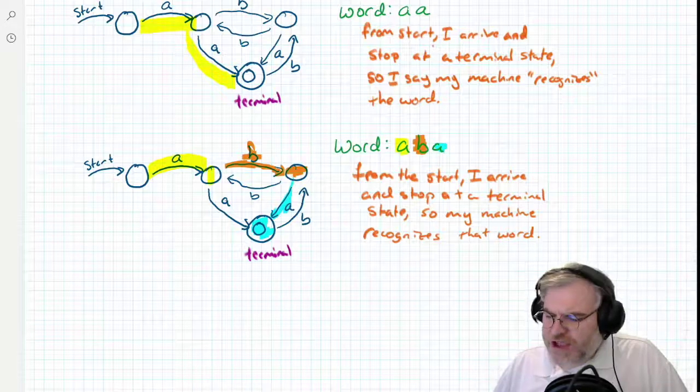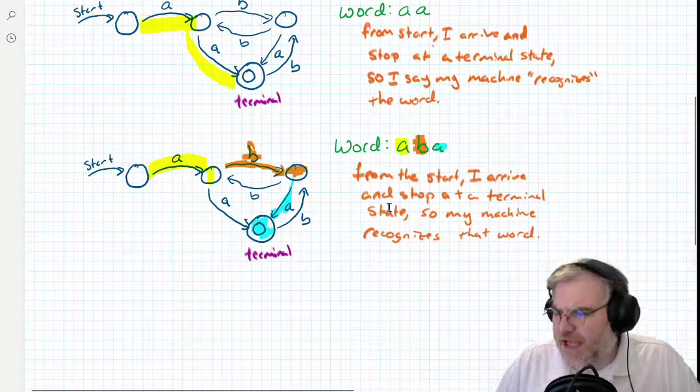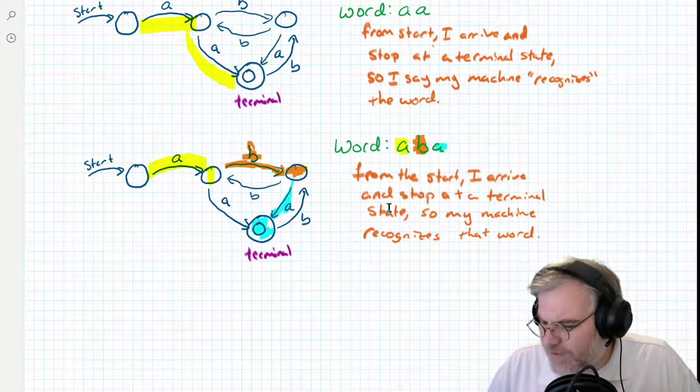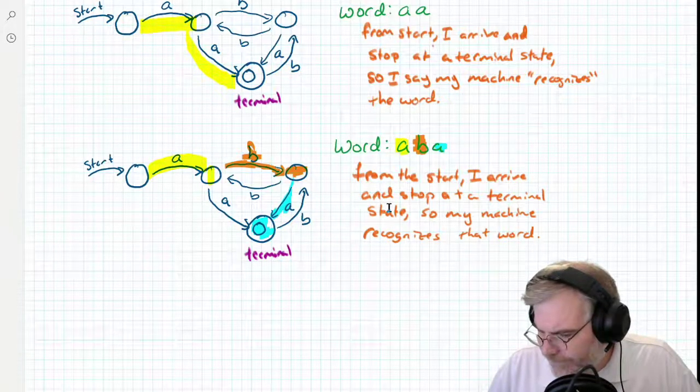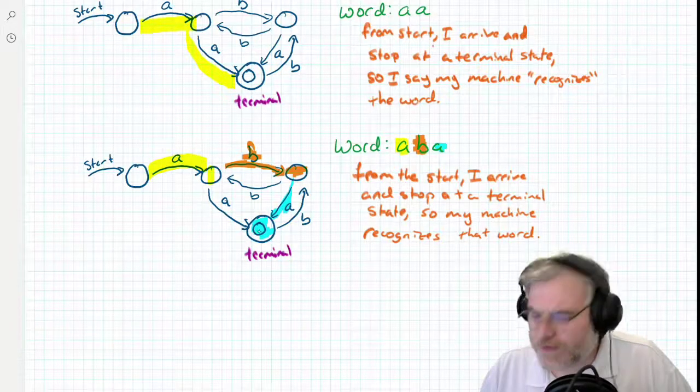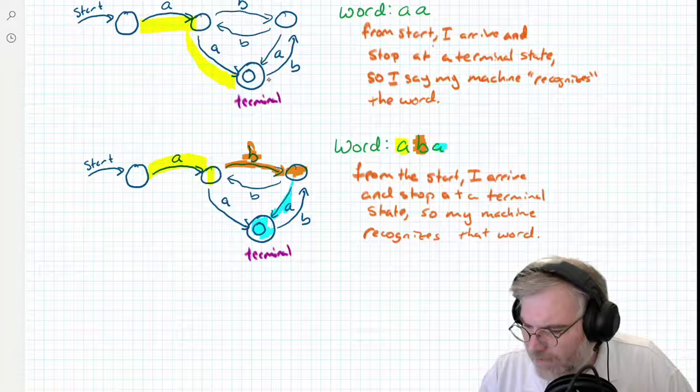So there's a question in chat. If I don't stop at a terminal state, it won't recognize the word. And the answer is yes. Oh, this machine, yes. So A would not be recognized. I don't have a state. For this machine here, I don't have something going out.